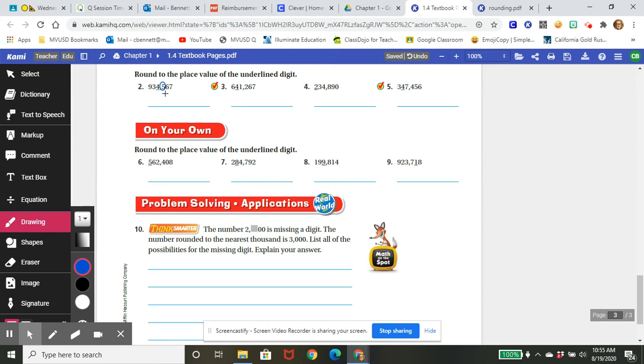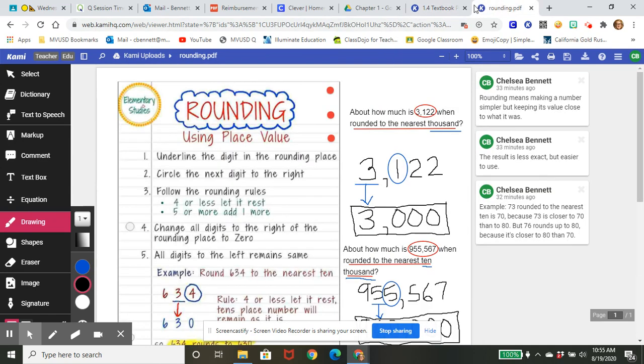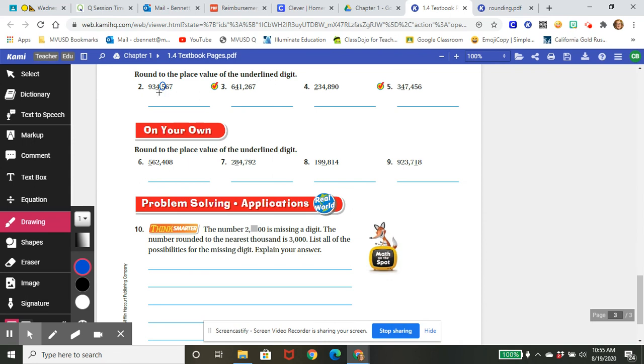4 or less, let it rest. 5 or more, raise the score is what I like to say, but let me see what it says on our notes. 5 or more, add 1 more. So I'm not changing the circled number, I'm changing the underlined number, okay? So this 4, I need to add 1 more.